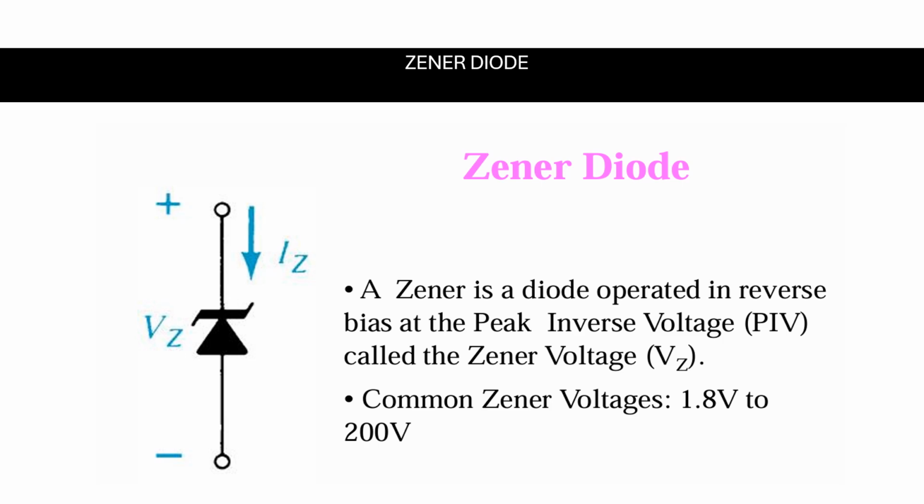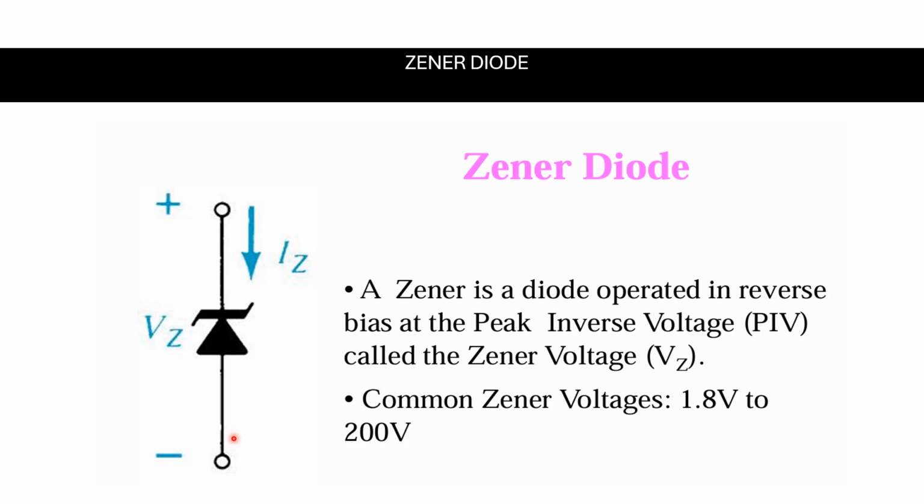Due to the heavy doping, the width of the depletion layer is very thin. The forward characteristics are the same as the PN junction diode characteristics, increasing exponentially. The main difference is in the reverse bias condition. As the width of the depletion layer is thin, the reverse breakdown voltage occurs earlier.